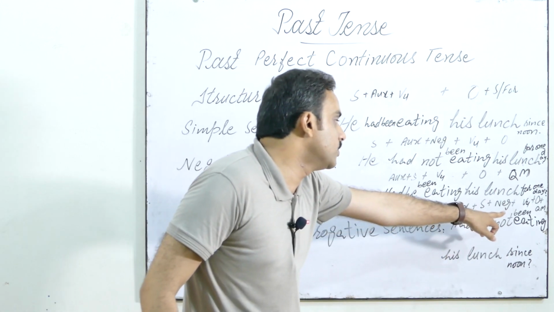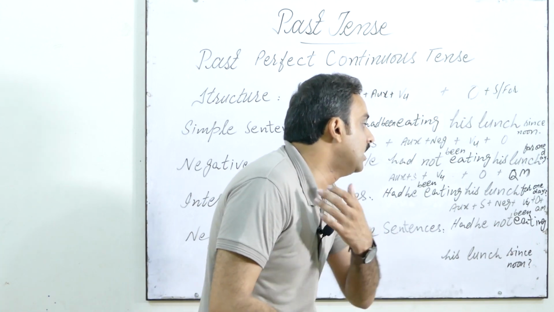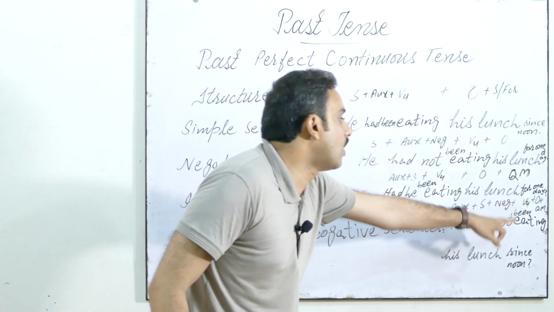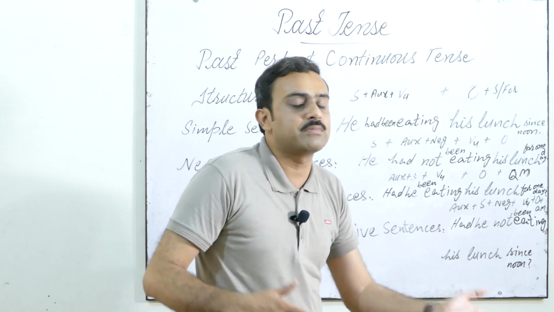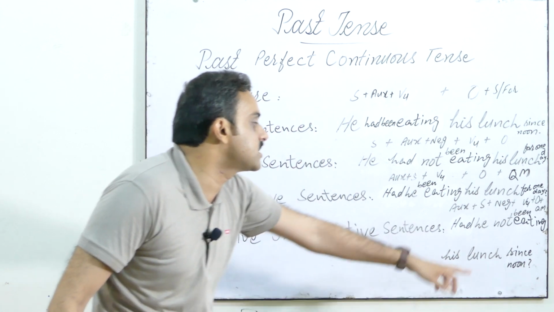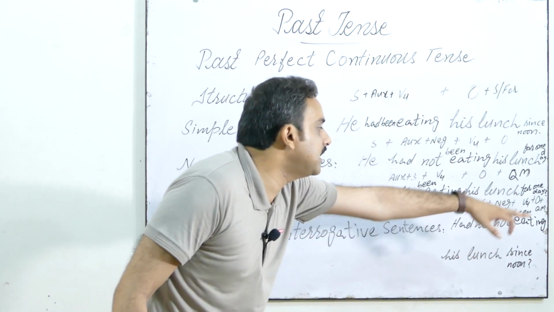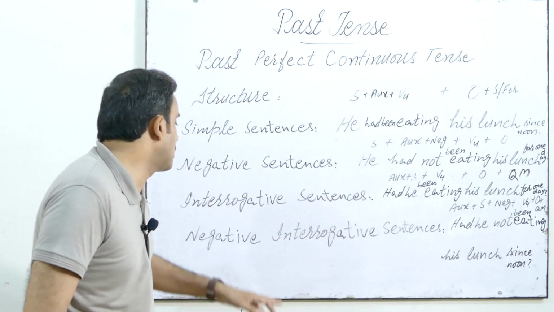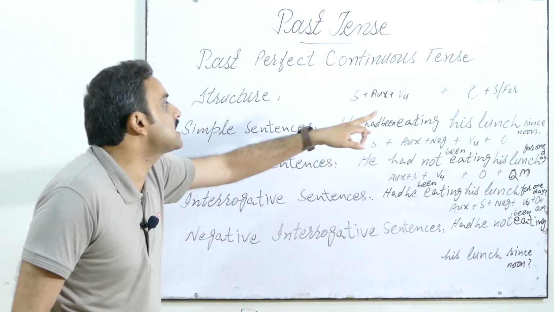And then we definitely use the object, since or for, and the question mark at the end. So: had he not been eating his lunch since noon? Now the time is again unlimited, noon, so we used the preposition since. So had he not been eating his lunch since noon shows the category of negative interrogative sentences of past perfect continuous tense.